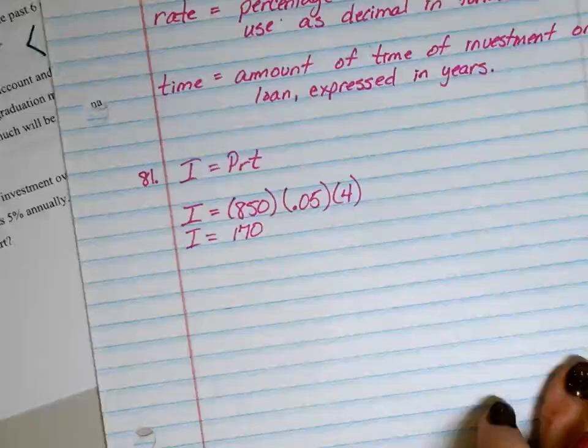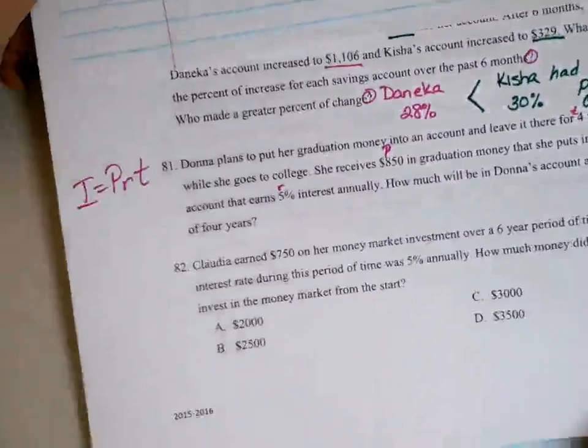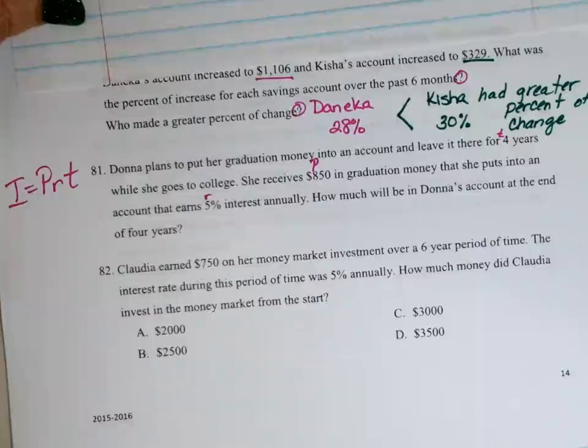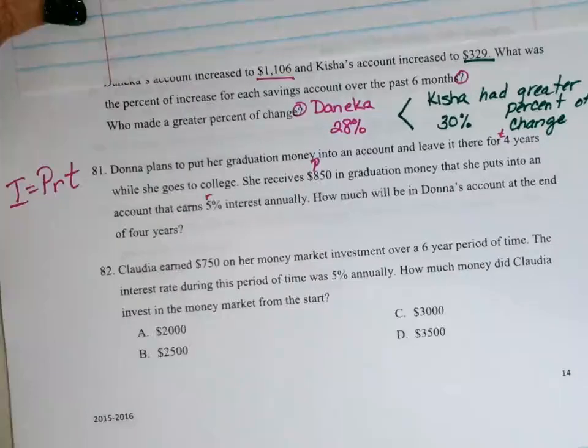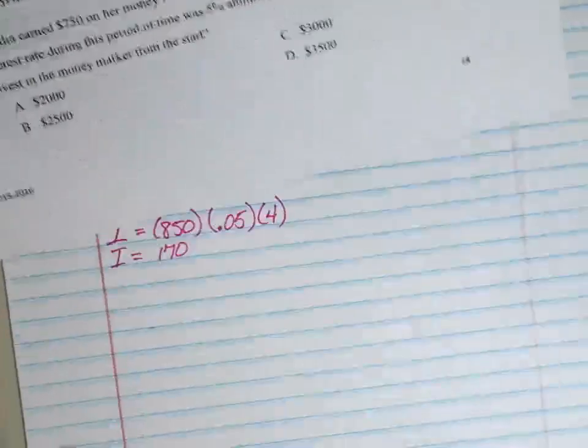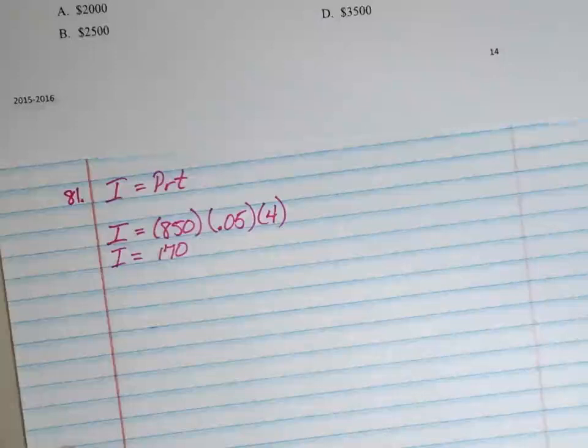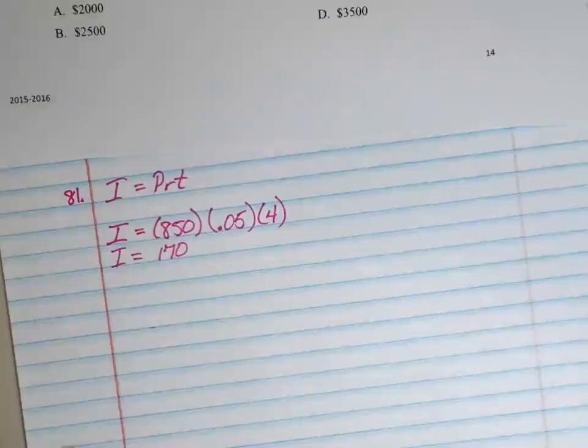All right, so let's go back and look at the problem. Does that answer the question that it asked me? How much will be in Donna's account at the end of 4 years? Does that answer the question? No? Why not?